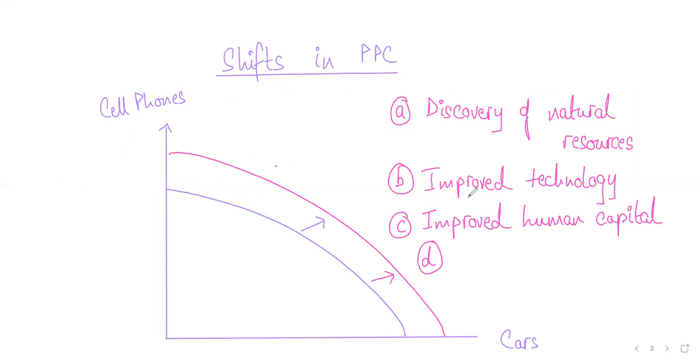Any other point that's coming to your mind? So far, we have talked about factors causing an outward shift in the production possibility curve.